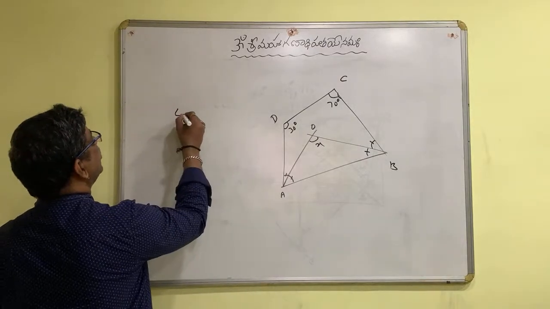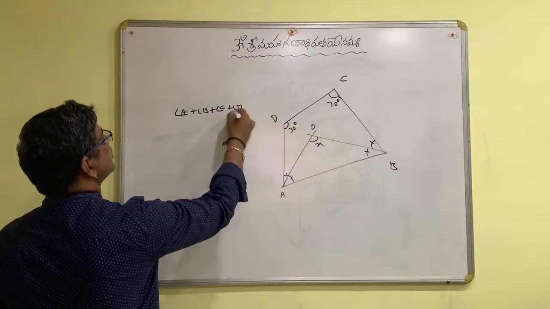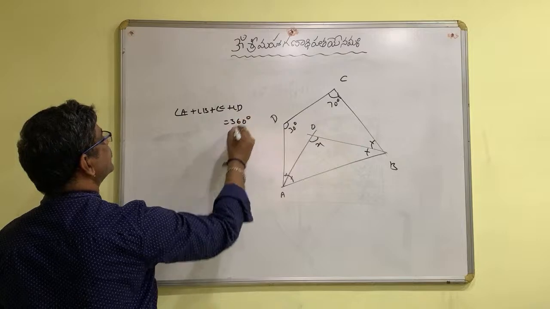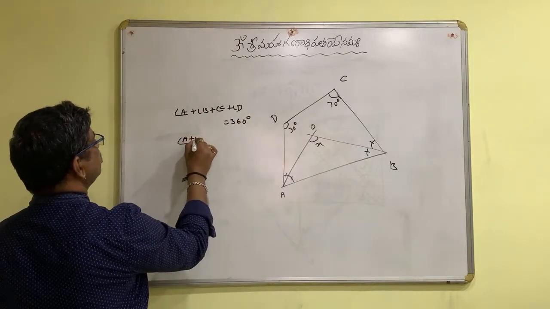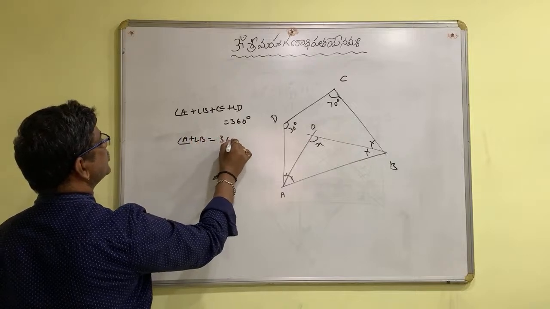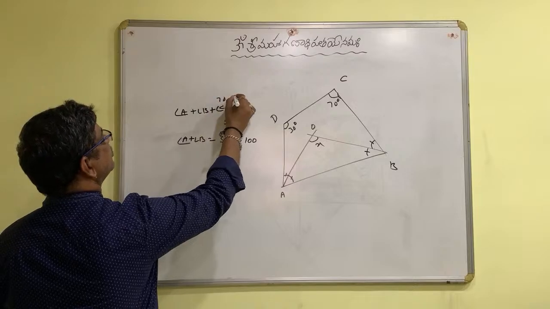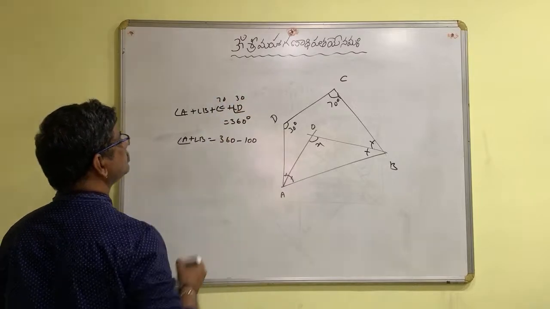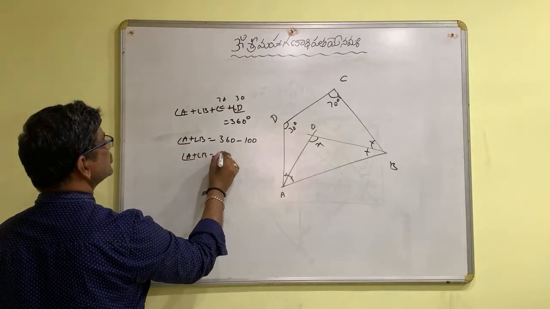We know angle A plus angle B plus angle C plus angle D is 360 degrees. So angle A plus angle B is equal to 360 minus 100, because this is 70 and this is 30, na? So angle A plus angle B is 260.